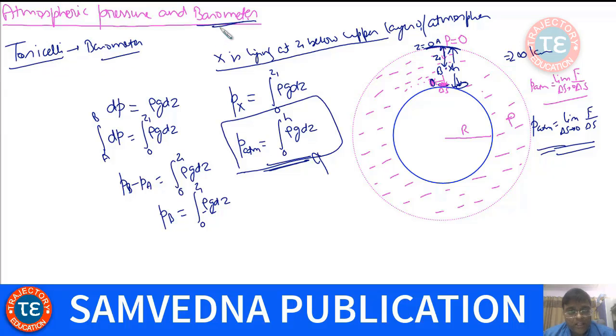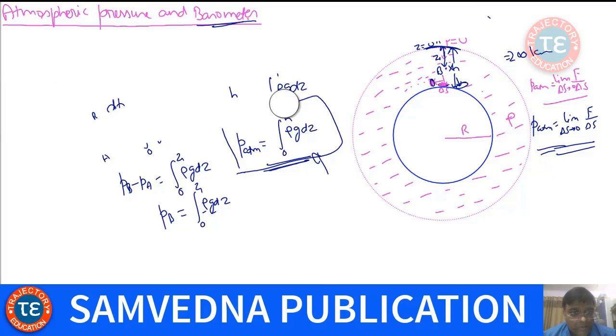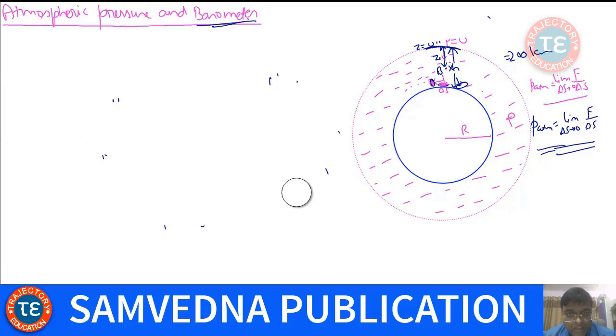Torricelli devised an apparatus, a setup called the barometer, to calculate atmospheric pressure very easily. See how we can calculate atmospheric pressure using a barometer. And what is the principle of the barometer?